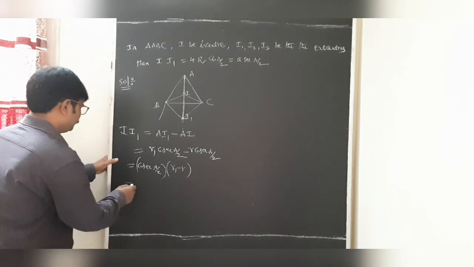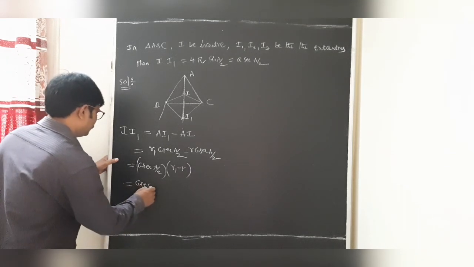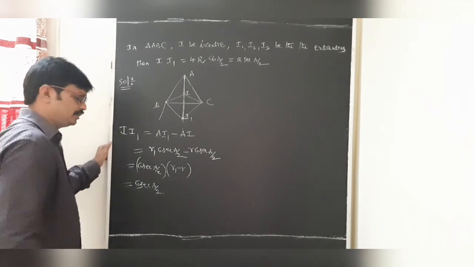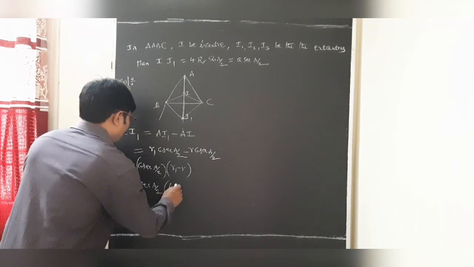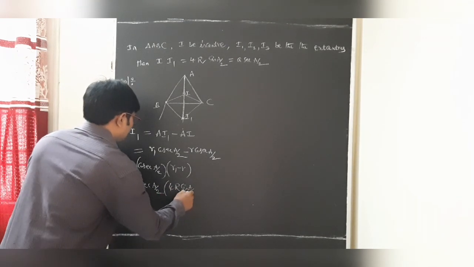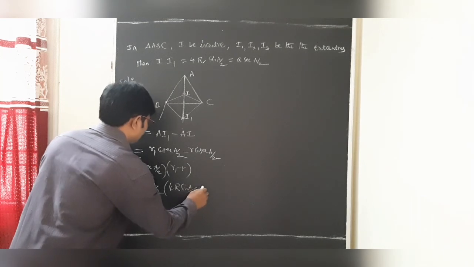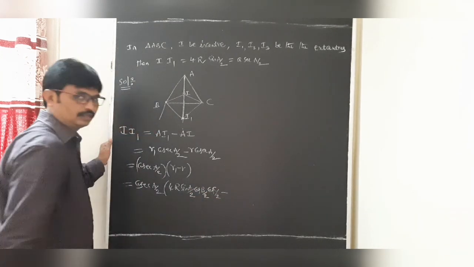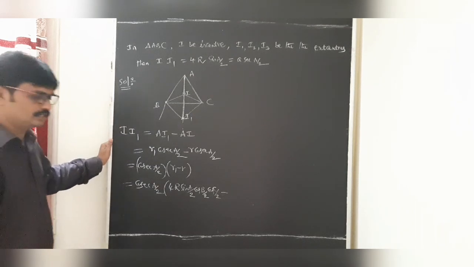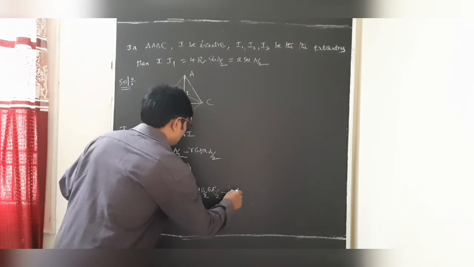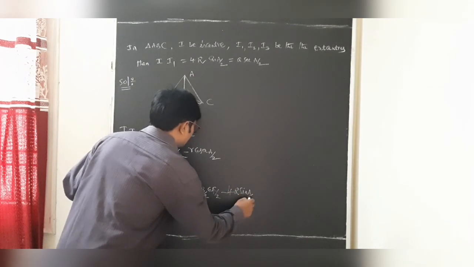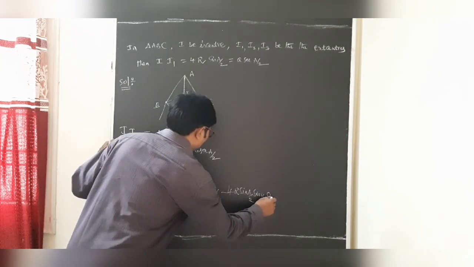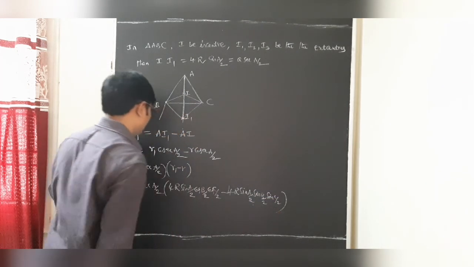My dear students, with the cosecant A by 2, what is r1? r1 is 4R sin A by 2 cos B by 2 cos of C by 2. And what is small r? Small r is 4R sin A by 2 into sin B by 2 into sin of C by 2.